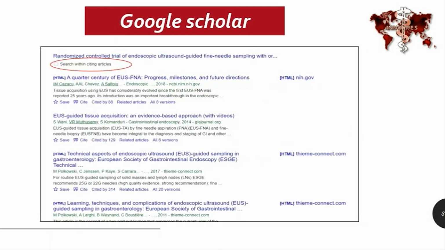Similarly, Google Scholar also allows you to add another filter of searching within the citing articles. That ensures that even those citing articles are reviewed.